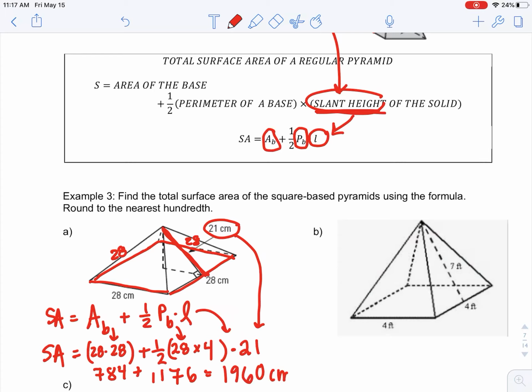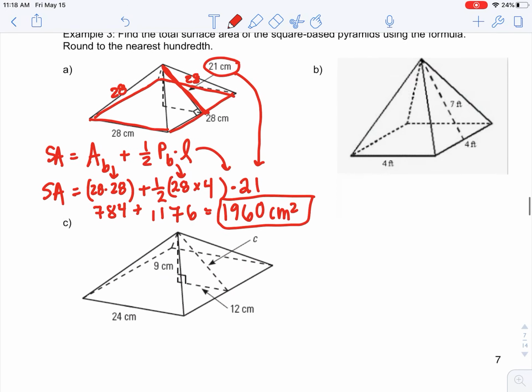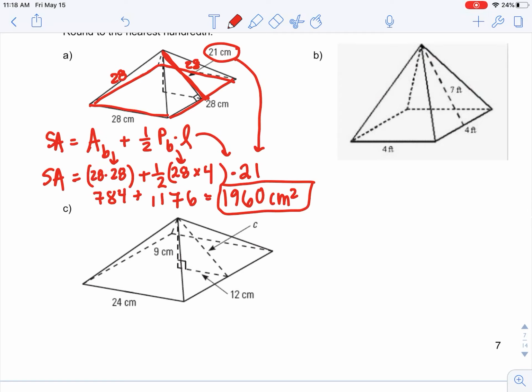Again, this is still surface area, so it's units squared. All right, you're going to try the same for B and C. One thing I'm going to help you with on C is that this side, which is your slant height, that's actually 15 centimeters. They would want you to do Pythagorean theorem, a squared plus b squared equals c squared, to find it, but I'll just give you a hint and help you out to make it a little faster.